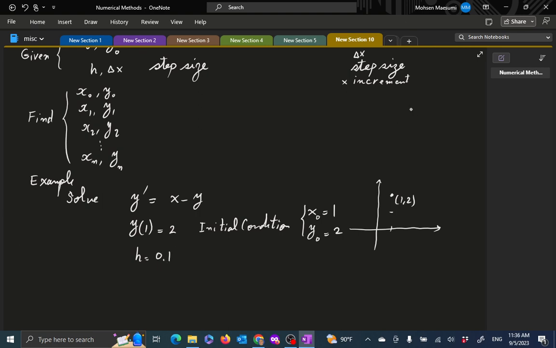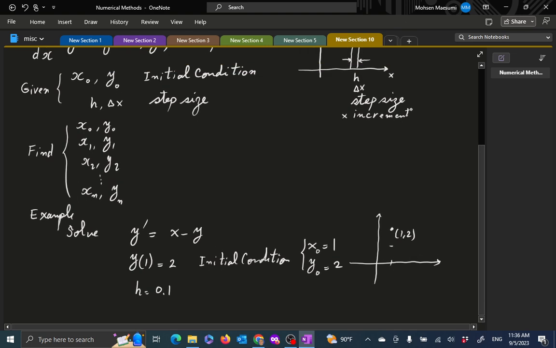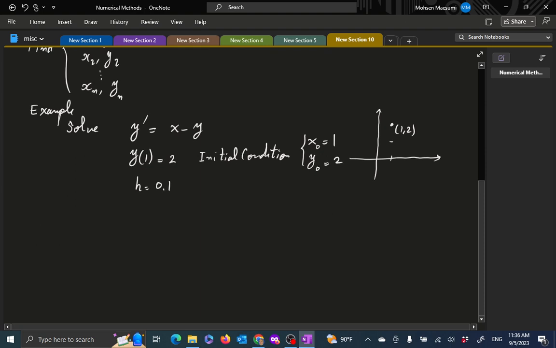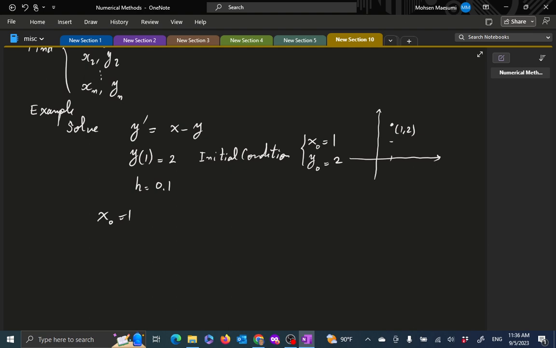H means in our first flight, we are going to go so that our horizontal displacement, or run, is delta x. Well, what happens? We say x0 is 1, y0 is 2.